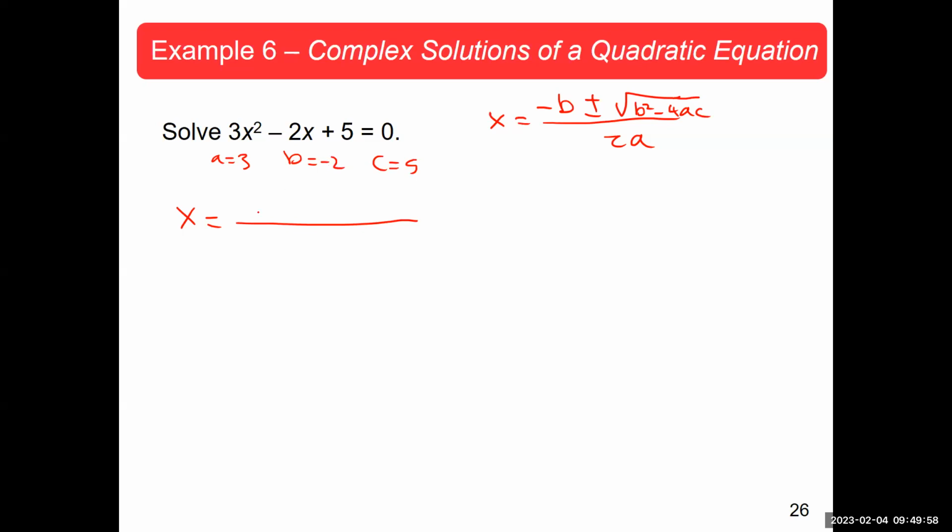Negative b, positive negative square root of -2 squared minus 4 multiplied by a, which is 3, multiplied by c, which is 5, over 2 multiplied by a, which is 3.